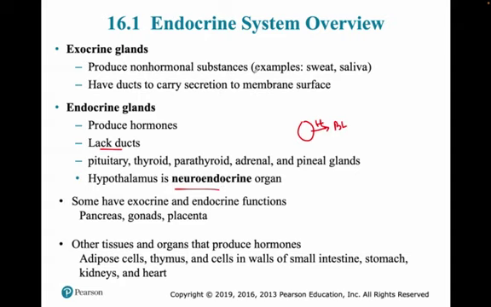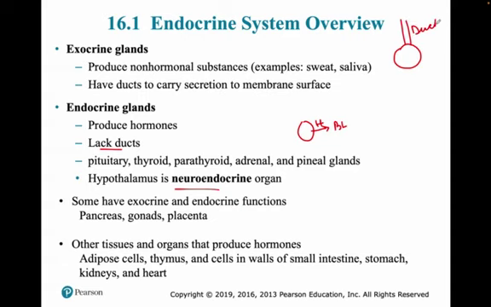But there are some organs which are exocrine glands, which simply means that, for example, sweat and saliva, these organs produce some non-hormonal substances, and they are connected to the outside of the body with the help of a duct.